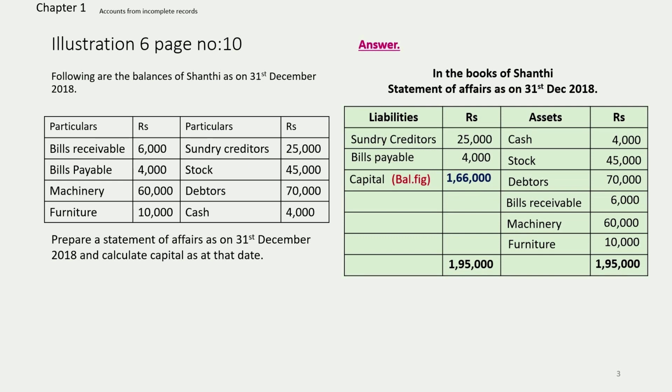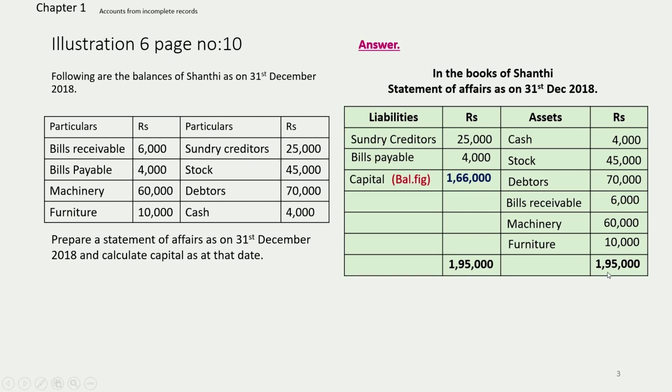If we are not given capital, we are given some assets, some liabilities, and we are asked to find out capital, what we have to do? We have to prepare a statement of affairs. We have to identify all the assets and write them on the asset side. We have to identify the liabilities and write them on the liability side. We have to see which total is higher.